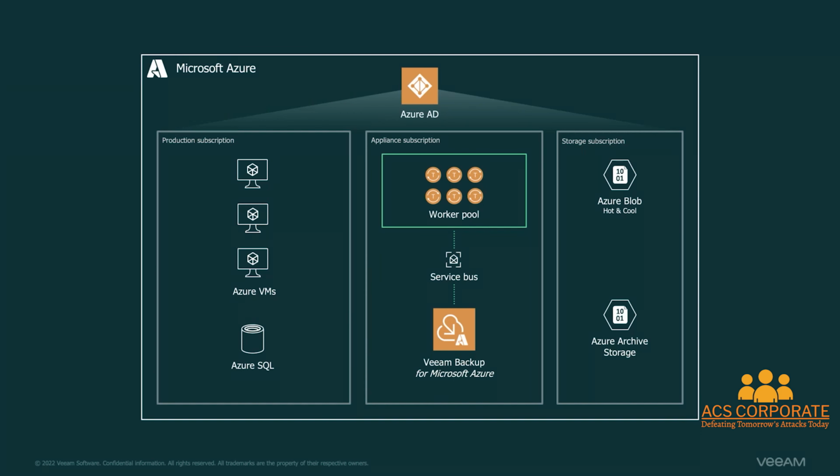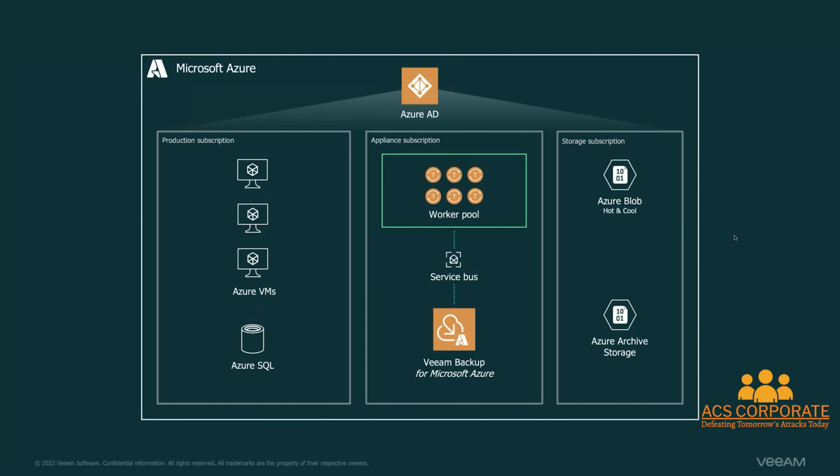So back to this, the worker pool. David, why don't you walk us through what are workers? What do they do? How does Veeam leverage them? Yeah, so a worker is essentially a very small appliance. It gets deployed in that particular region. And what it does is it helps assist with data transfer.